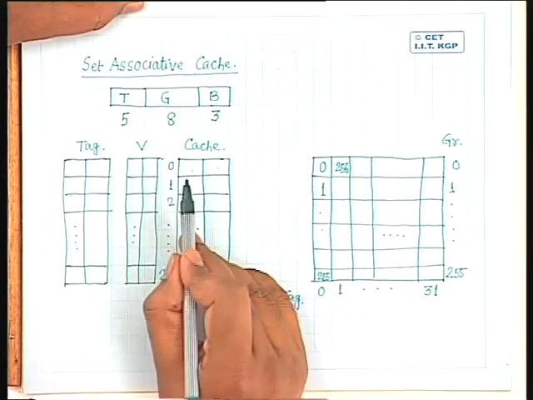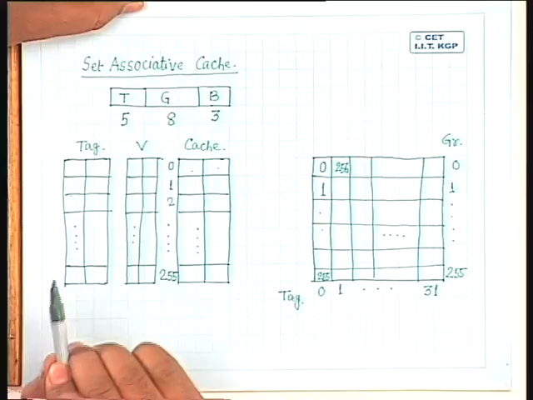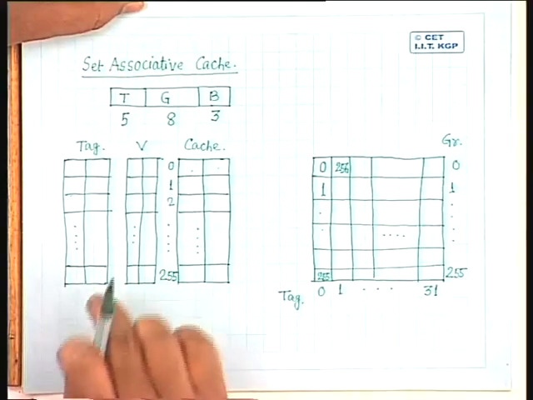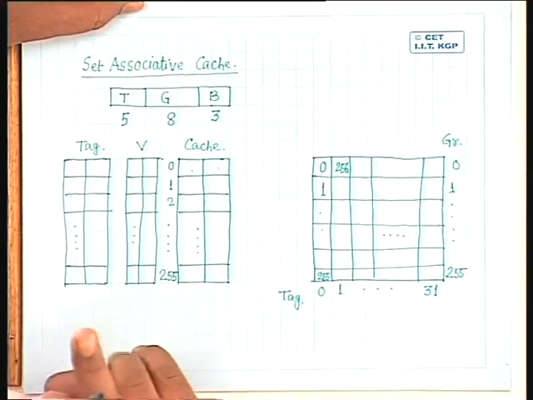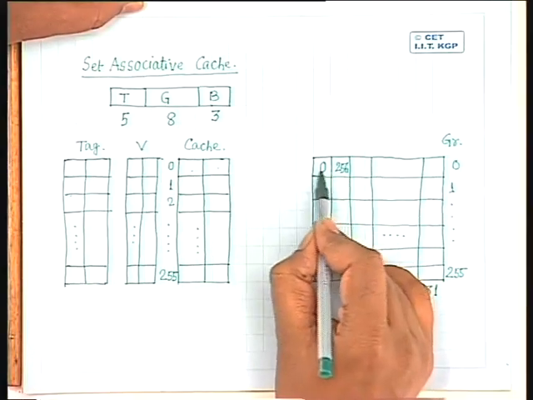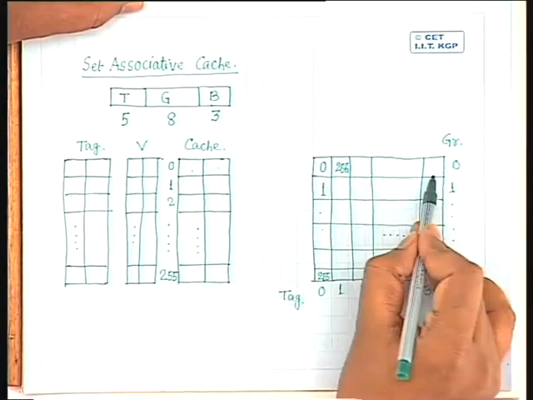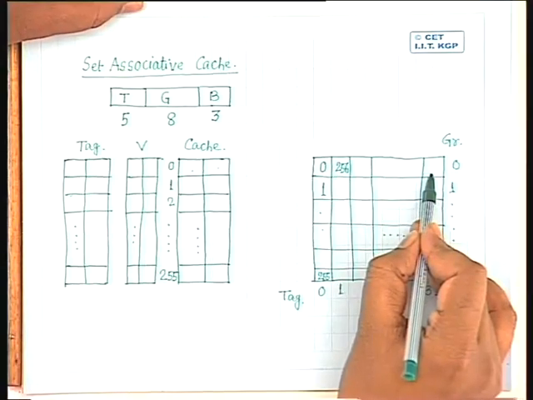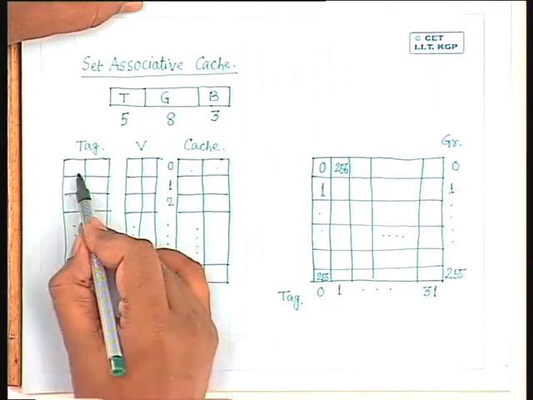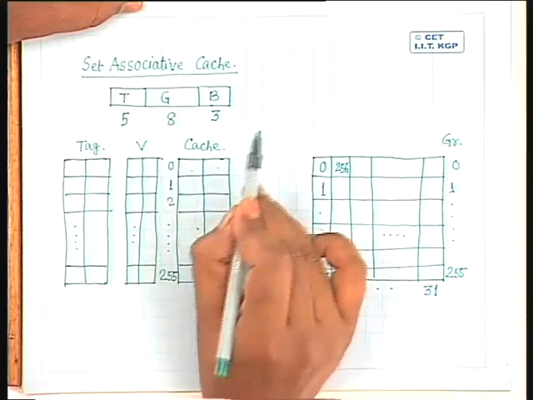For every cache line, I have to have a tag, because the cache will accommodate a block of the main memory, and the tag memory will contain the block identification number. Any member of a particular group will go to this particular set. Now this set consists of 2 cache lines. For every cache line, I have to have a tag, because otherwise I won't be able to identify which block of the main memory is contained in which cache line.